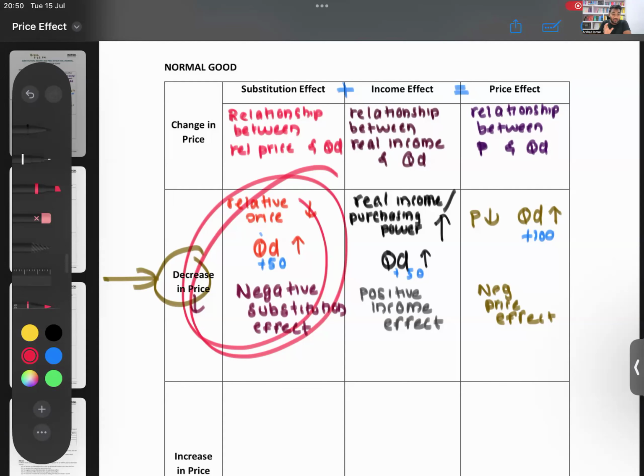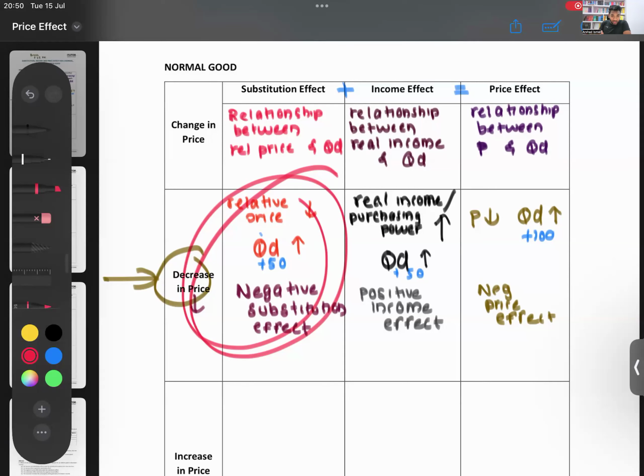As a result of this, the quantity demanded for this normal good will increase.